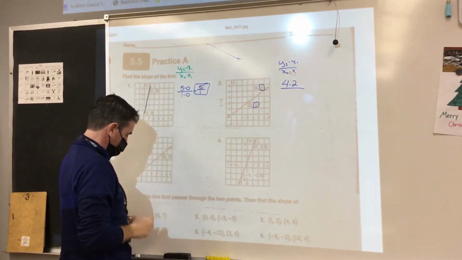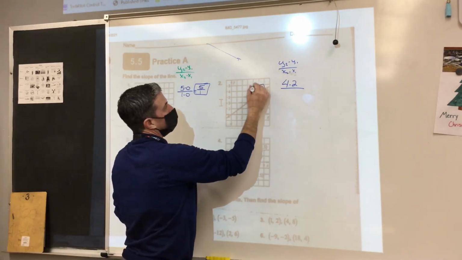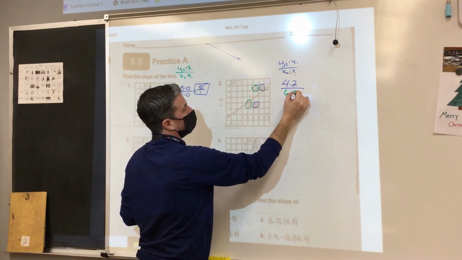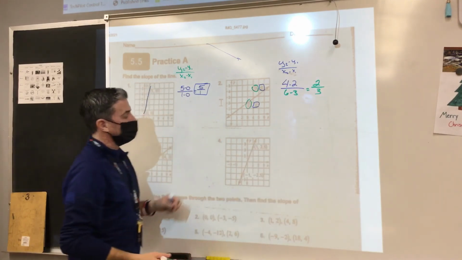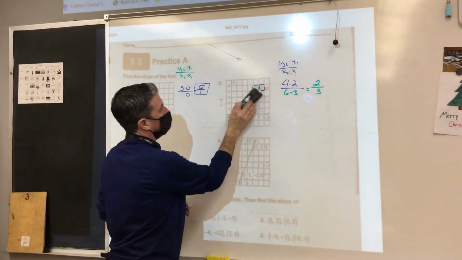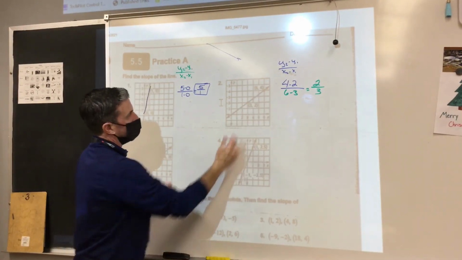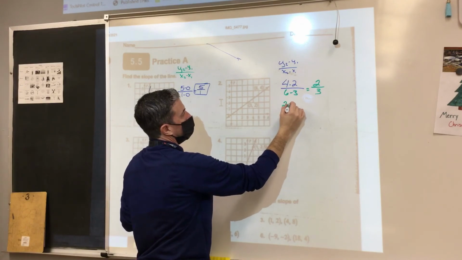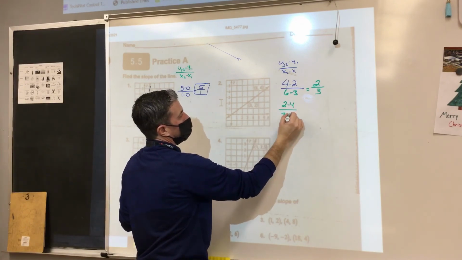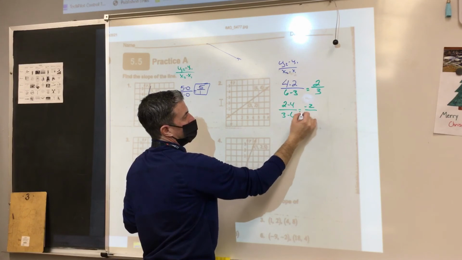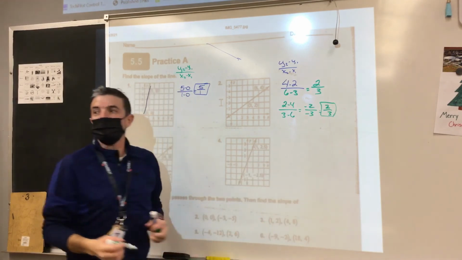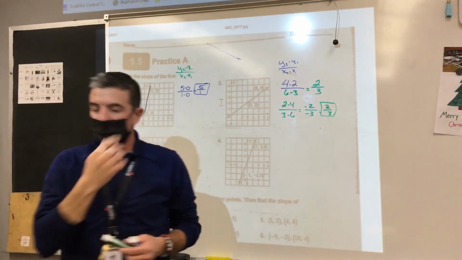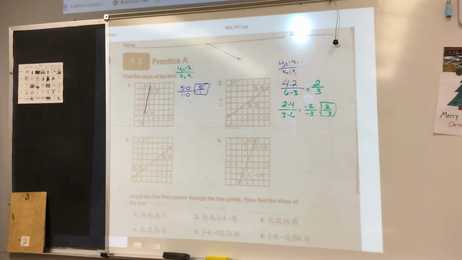And what are the x's? 6 minus 3. And you get 2 over 3. Okay, now let's say we wanted to do it the other way. And just said, okay, 2 minus 4 and 3 minus 6. Negative 2 over negative 3, which is the same as what? A positive, right? A negative equals a positive.